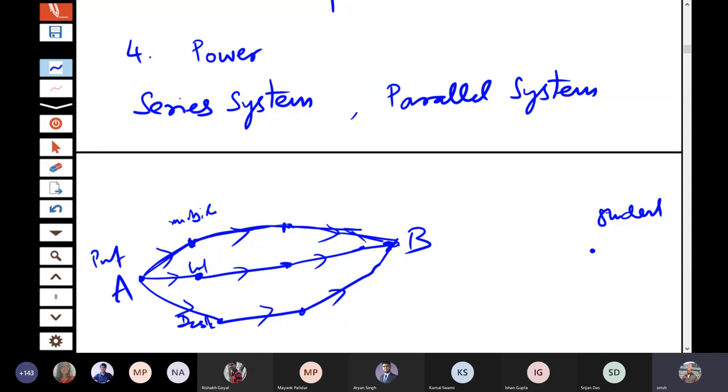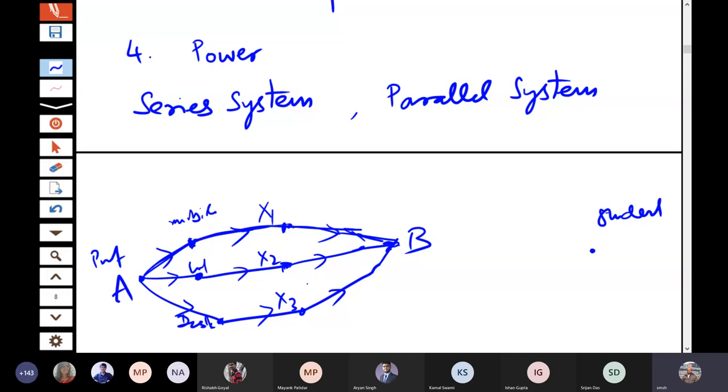Now this link itself has 3 independent links and each of them should be functioning. This is called a series system. Similarly, if I consider this link also has 3 independent components and all of them should be functioning in order that the communication is there from A to B. Similarly, in the third one, these links A to B, these 3 different links that I have mentioned, let us call it X1, X2, X3, they are examples of series systems.